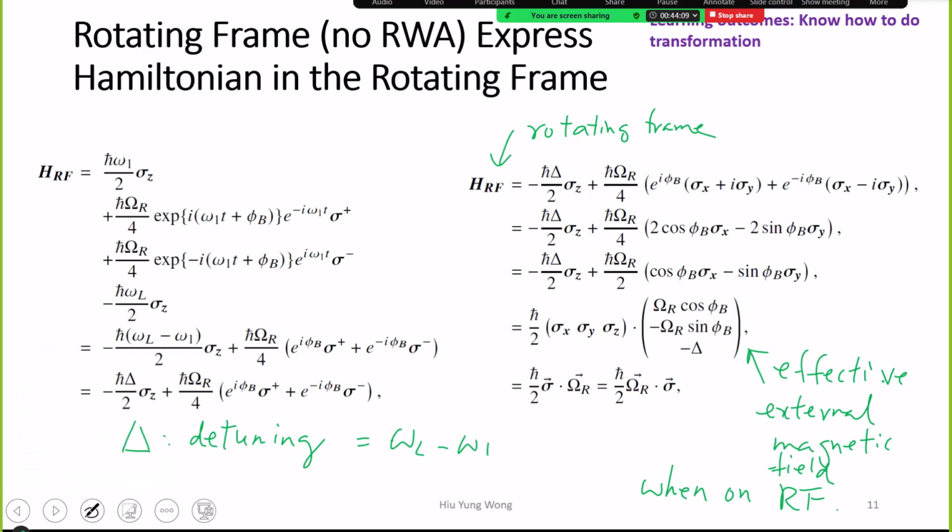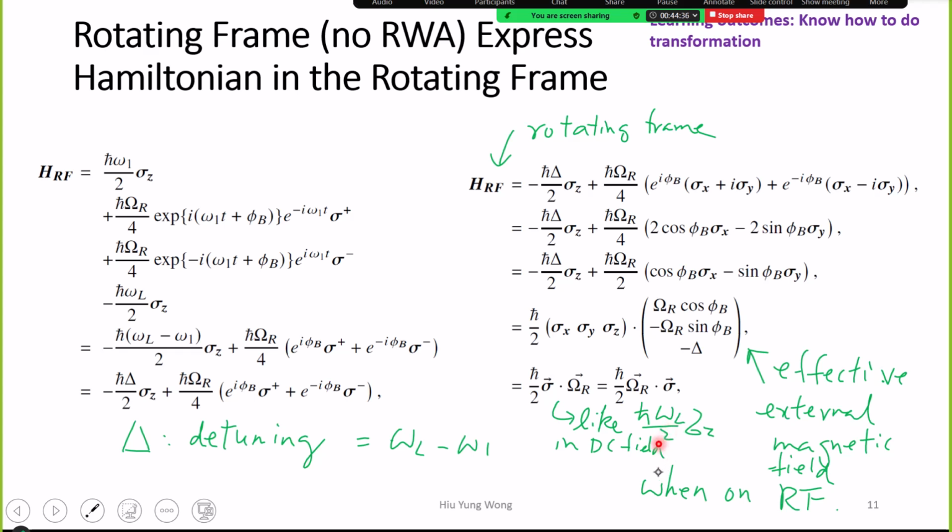Look, this is just like h bar omega L sigma z. Think about this in a DC field. Can you tell me what happens when you have this Hamiltonian? What happens to the qubit when you have this Hamiltonian?